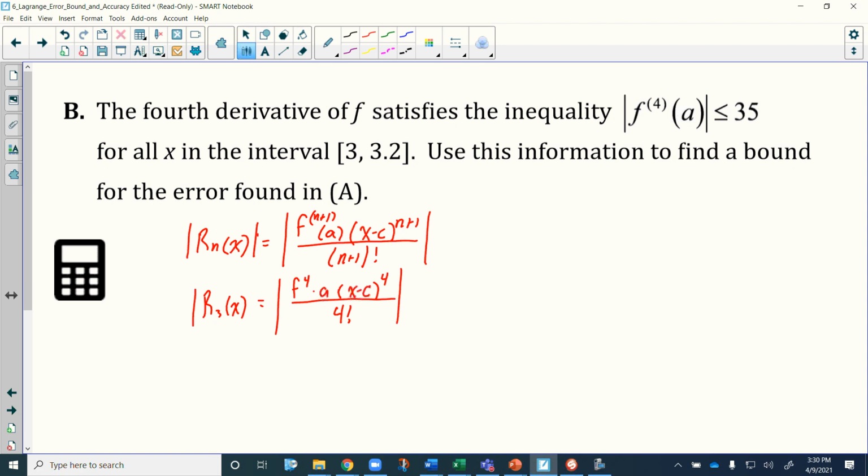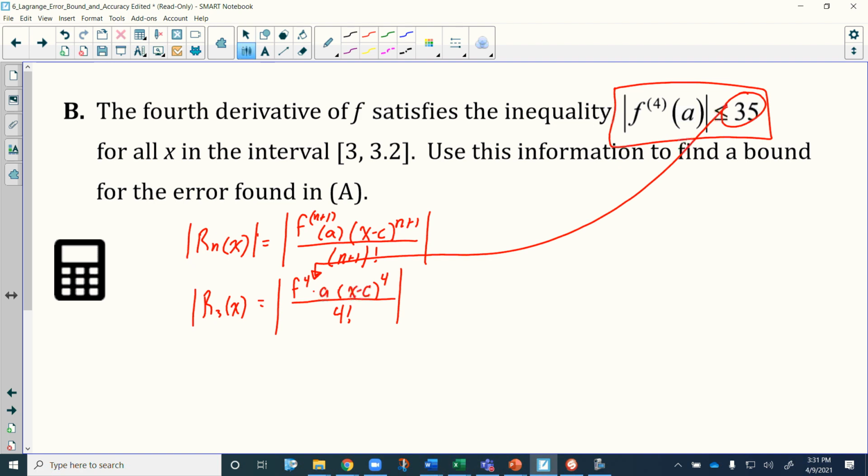Now that expression itself, based on what they're telling us, this whole thing has to be less than or equal to 35. So that is where I'm understanding that that 35 is essentially going to be the maximum. So I'm going to take this 35 and substitute it right here where I have the f of 4 times a, or f to the 4th degree times a.